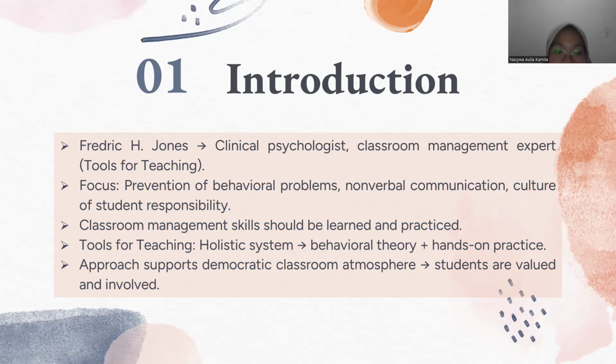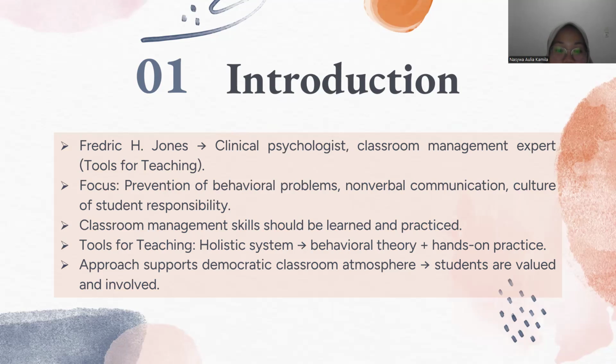He suggested that teachers should master nonverbal communication, such as body language, to guide students without constantly talking. Moreover, he introduced the idea of creating a culture of responsibility among students, meaning that students should learn to control their own behavior, not just follow orders.